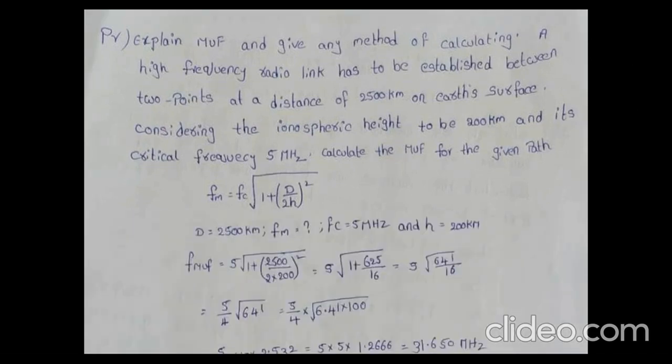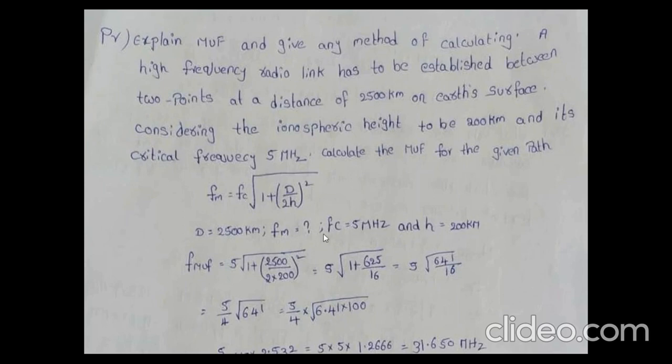In the question, we are asked to find the maximum usable frequency. We have the formula Fm equals Fc into square root of 1 plus (d by 2h) whole square, where d is given as 2500 kilometers, Fc is 5 megahertz and h is 200 kilometers.